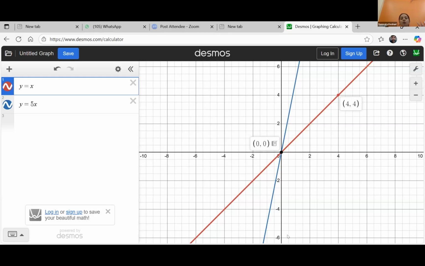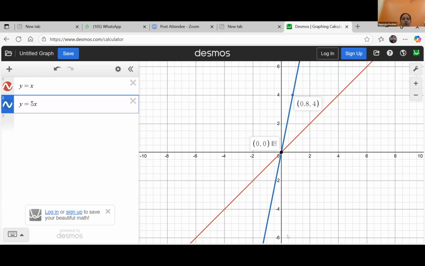I am giving you two coordinates, 4, 4 and 0, 0. What will be the slope? The formula is y2 minus y1 by x2 minus x1. The slope will be 1, right? Now, if I take a point on the blue color line, find the slope. Again, the points are 0.8, 4 and 0, 0.